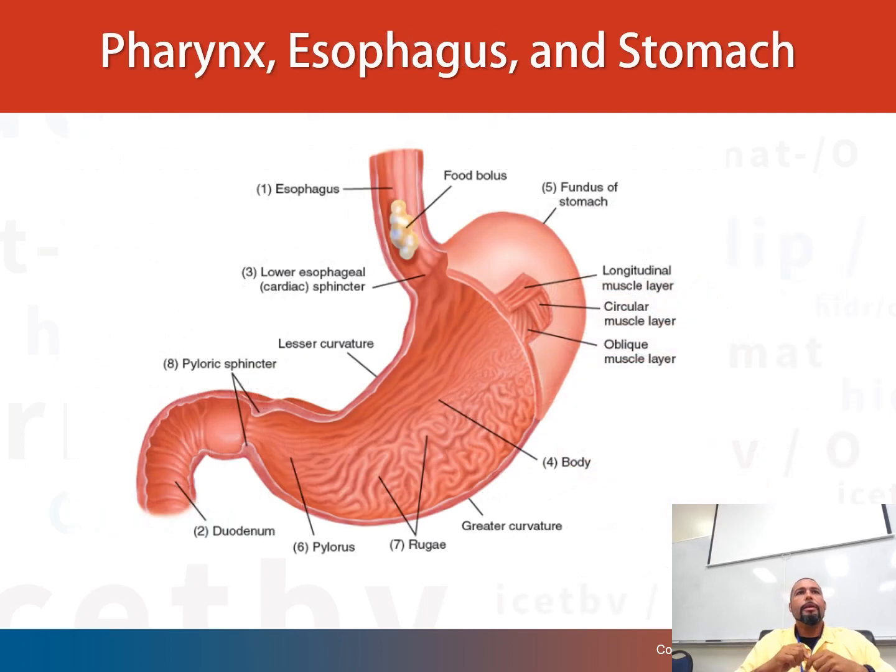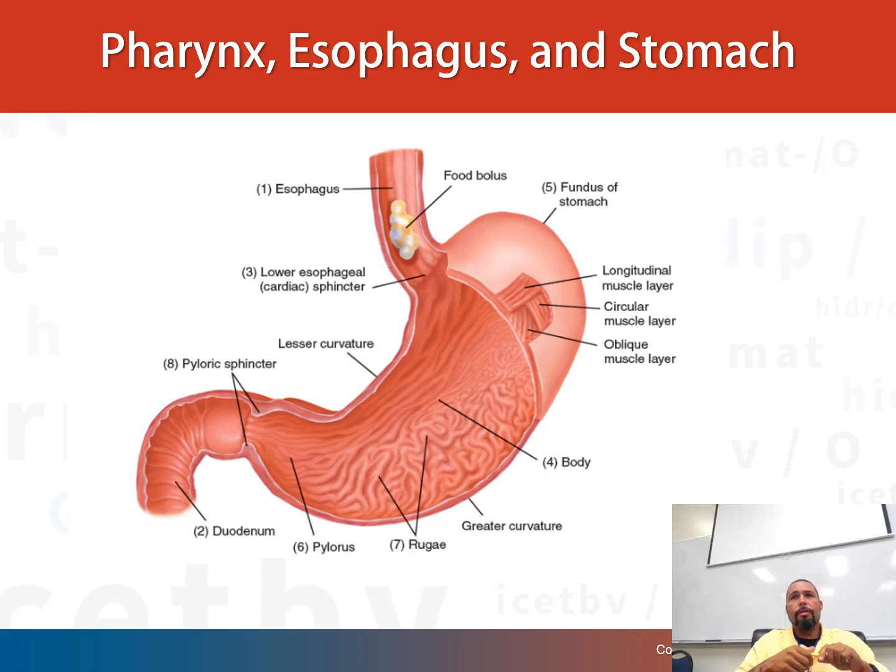All right, the next parts of the body that I would like to address are the pharynx, the esophagus, and the stomach. As the tongue pushes the bolus into the pharynx of the throat, it is guided by the soft, fleshy V-shaped structure called the uvula.